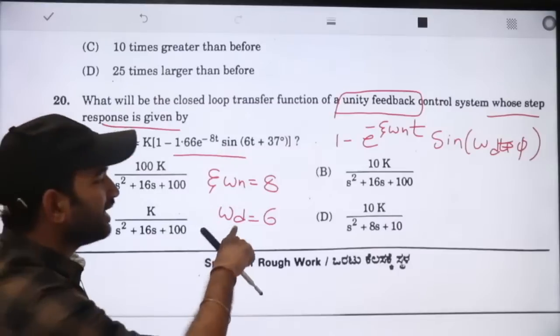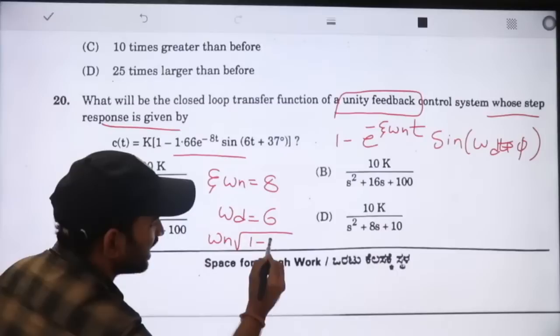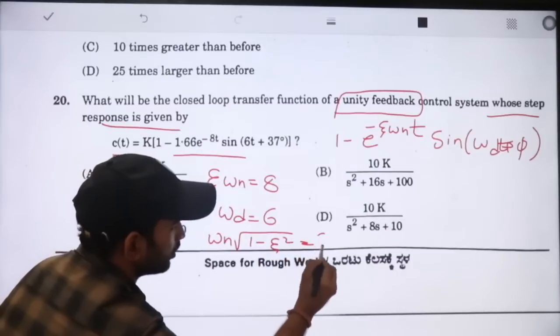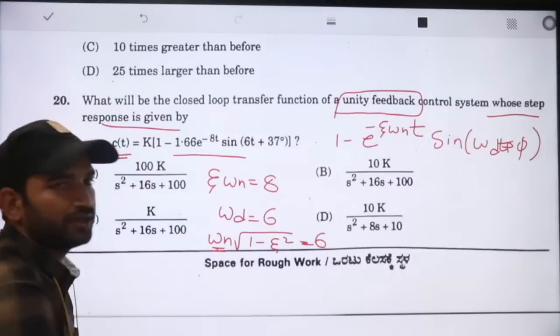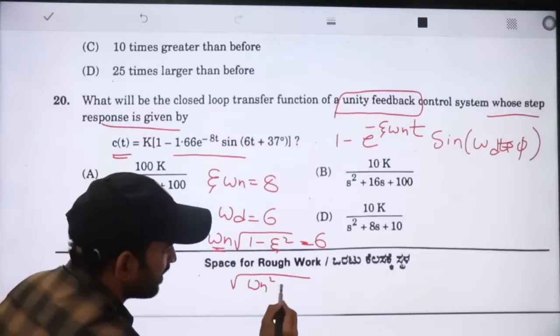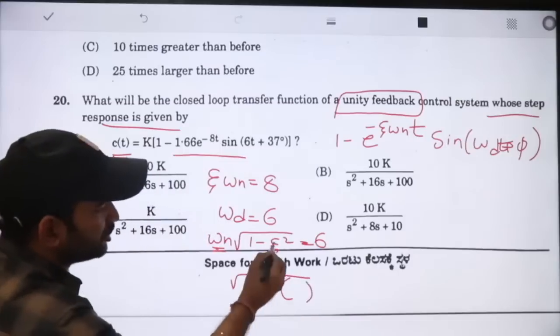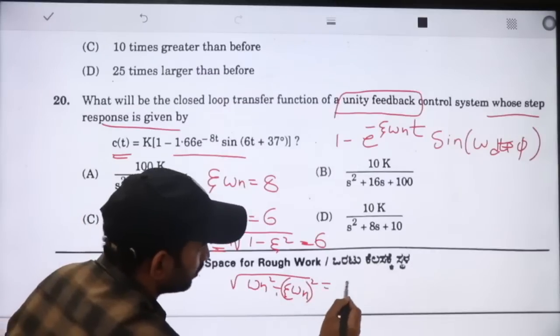Omega d can be written as omega n into square root of 1 minus zeta square, that equals 6. If you bring this omega n inside, that becomes square root of omega n square minus zeta omega n whole square, that equals 6.